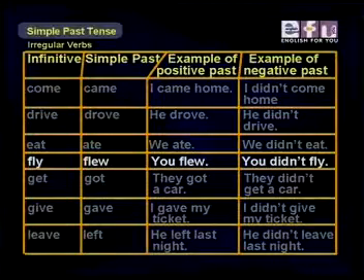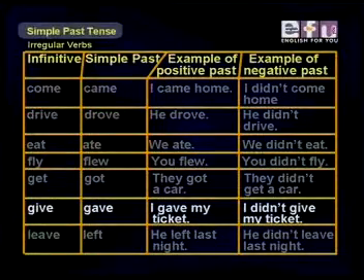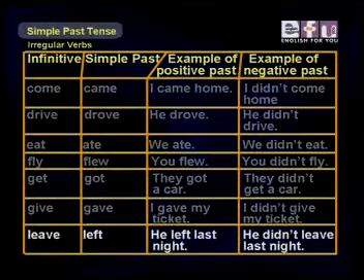Fly, flew, you flew, you didn't fly. Get, got, they got a car, they didn't get a car. Give, gave, I gave my ticket, I didn't give my ticket. Leave, left, he left last night, he didn't leave last night.